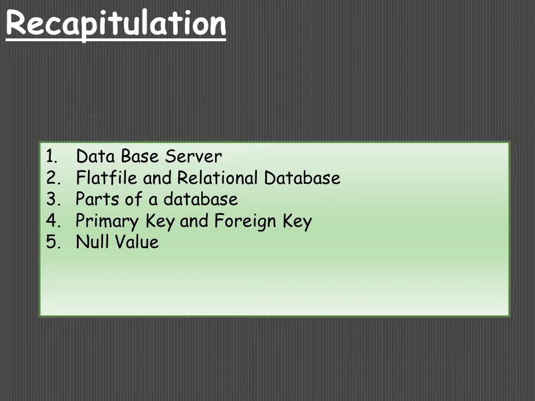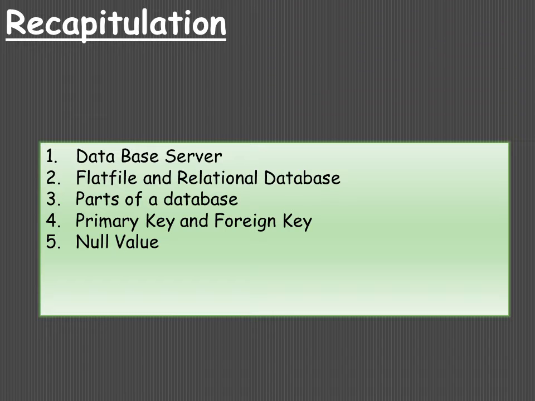Afterwards, we discussed primary key and foreign key. The primary key is used to uniquely identify the record, and it is mandatory to have a primary key, and it can have only one primary key in your table.